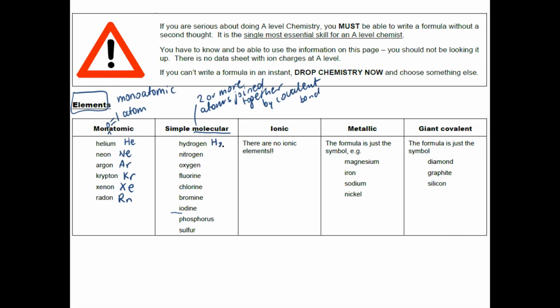Hydrogen is H2, nitrogen is N2, oxygen is O2, fluorine, chlorine, bromine, and iodine. So these are diatomic molecules. And you can see diatomic molecules, you've got hydrogen, nitrogen, oxygen, and apart from that, also group 7 elements, so halogens.